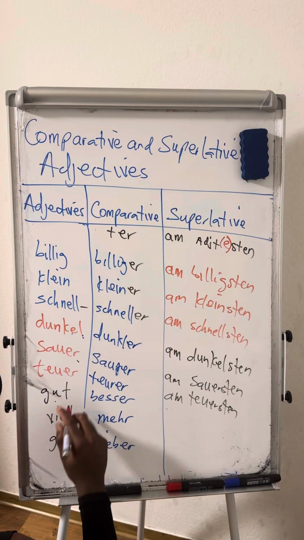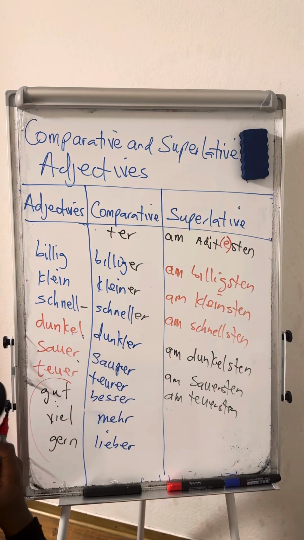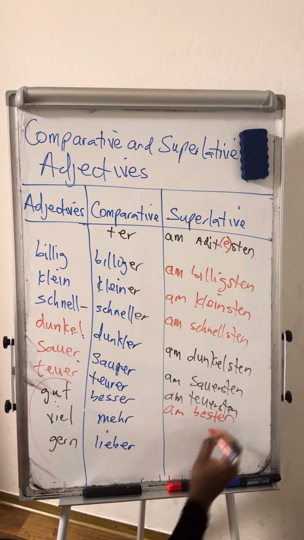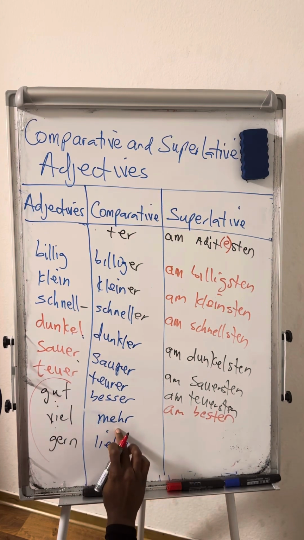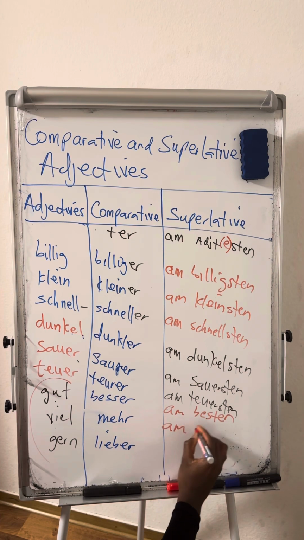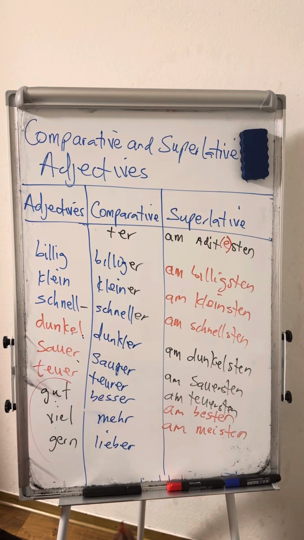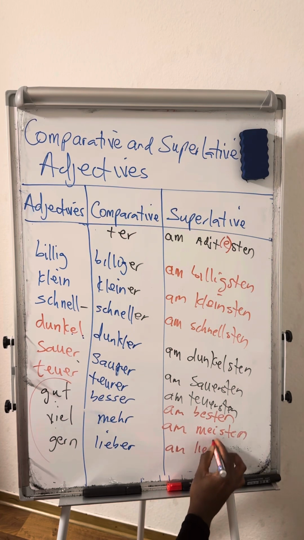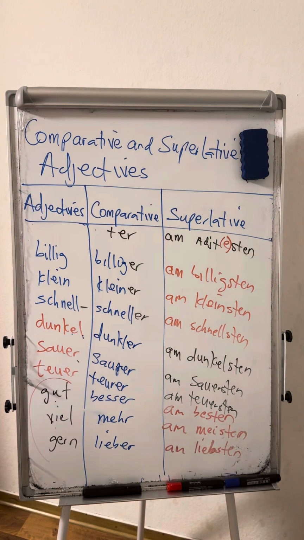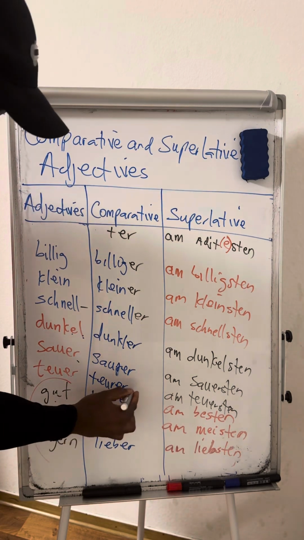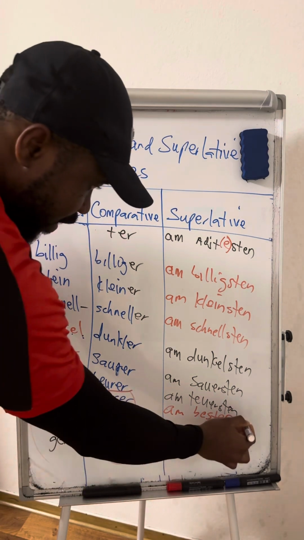So these ones that are irregular, you know them just like in English, good, better, best. So best is am besten. Much, more, most, am meisten. Just master them like this. Just accept them as a dogma. Gern, lieber, am liebsten. Just accept them like this. They are gut, viel, and gern. This is how you form them in the comparative and also in the superlative.